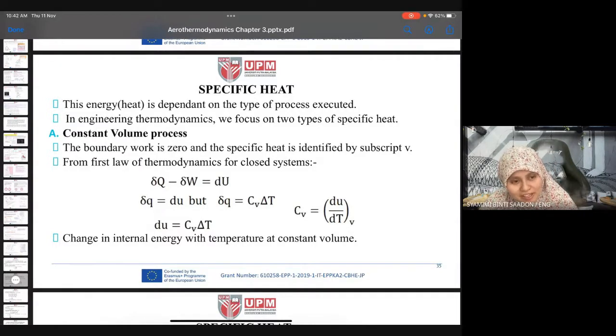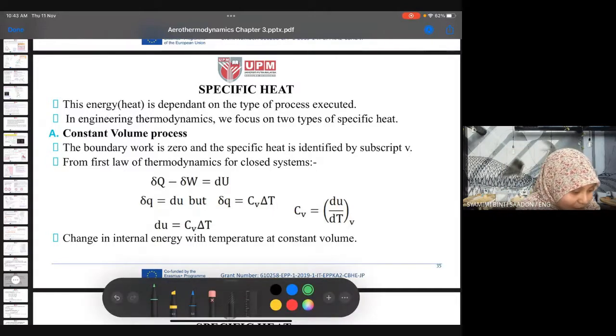So specific heat measures the amount of energy in joule that needs to be given to the fluid or substance in order to increase its temperature by 1 degree Celsius or 1 Kelvin per unit mass.